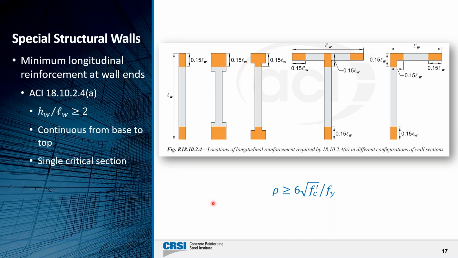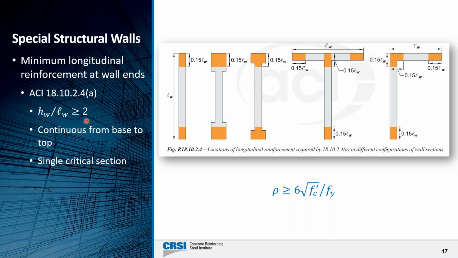A lot of them have buckled under the compression force, with severe cracking and buckling. So this applies to walls that have a height to length ratio of at least 2, which typically tells us that flexural yielding is going to occur. The walls are continuous from the base to the top, with a single critical section.